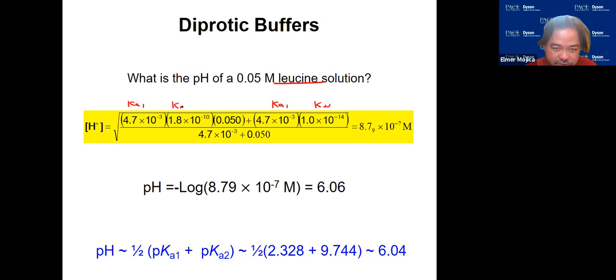Just to give you an idea where they get this. The value that you get for that is this one. But pH is just 1/2 of the sum of pKa1 and pKa2, and it's almost close to it. Now the question is, we solved this one, how do we solve the first two?